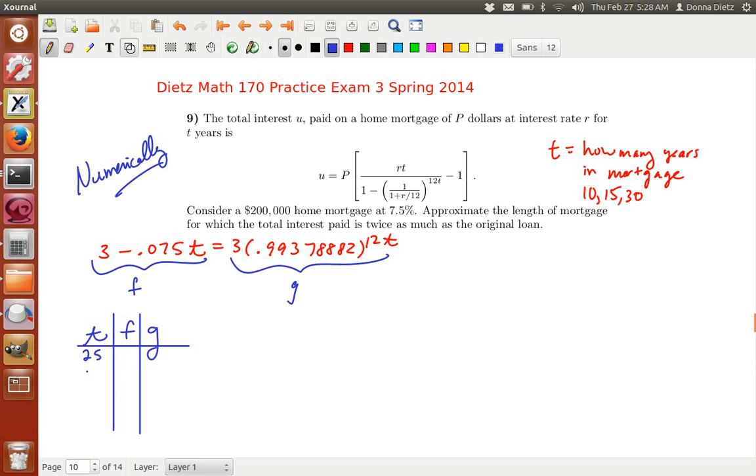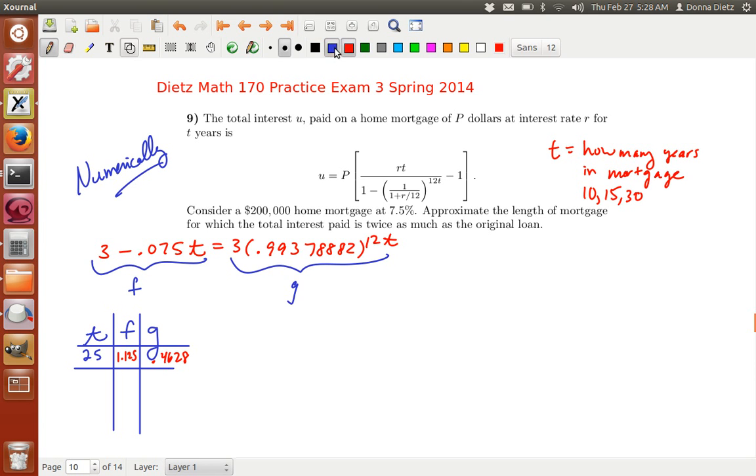So I'm going to start with a 25-year mortgage. I don't know why. Alright, and I calculate f, and it turns out that it's 1.125. And again, I have no idea what this means. I calculate g, and it's 0.4628. Oh, the other thing you should know is f has to decrease, and g is also going to be decreasing, but it's going to be decreasing slower, hopefully.